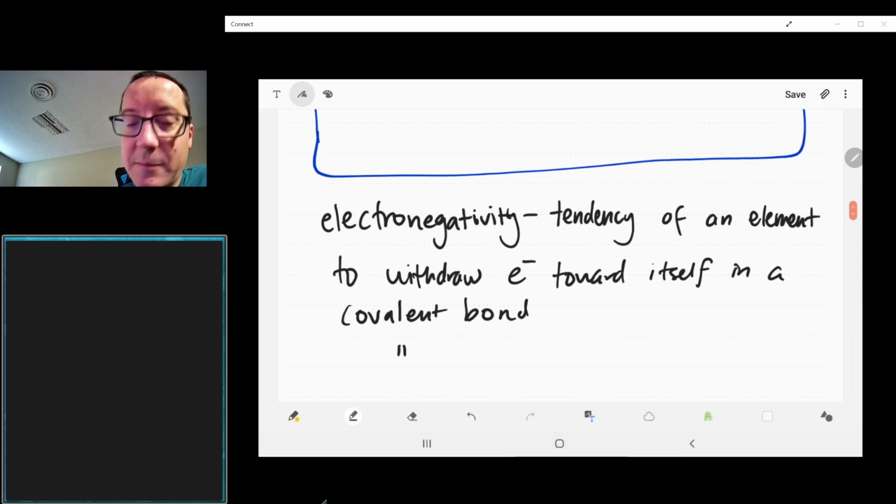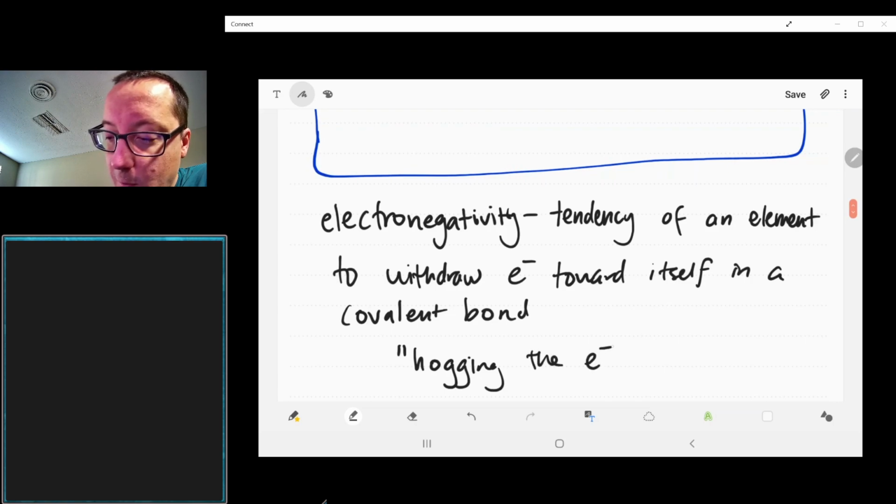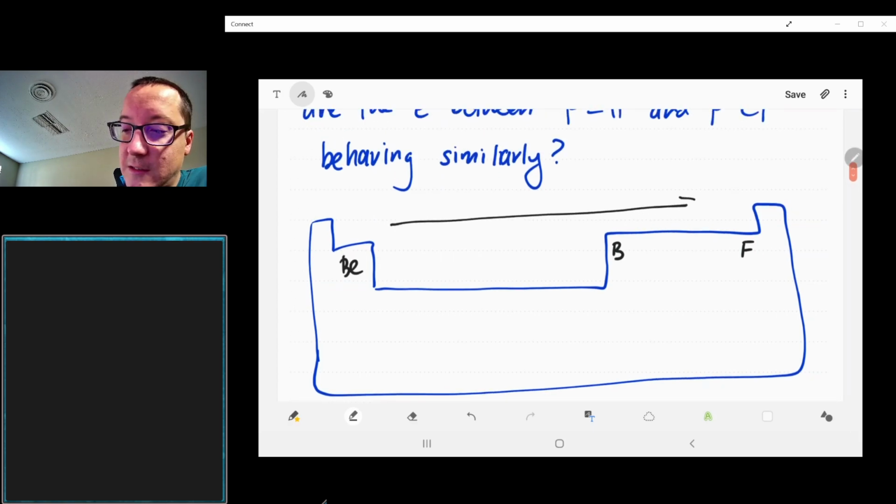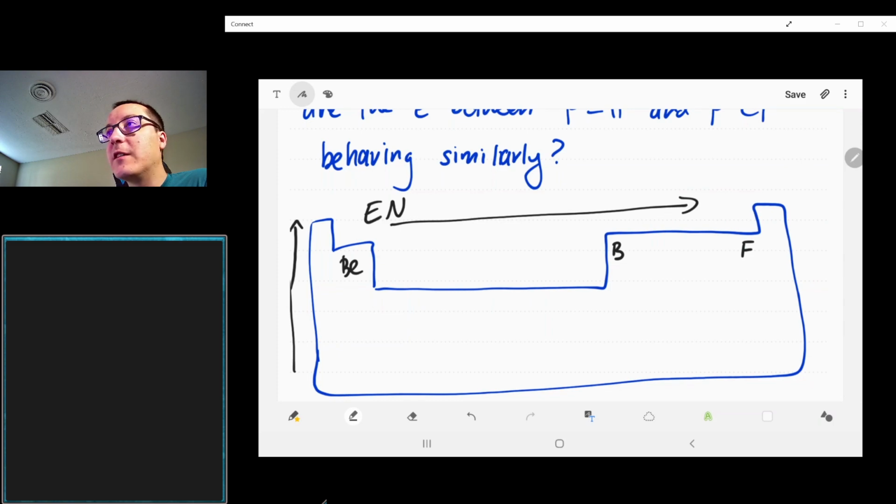So we can think of something that is electronegative as hogging the electrons. It's going to steal them for itself instead of sharing them equally. And we're going to see that electronegativity will increase up and to the right.